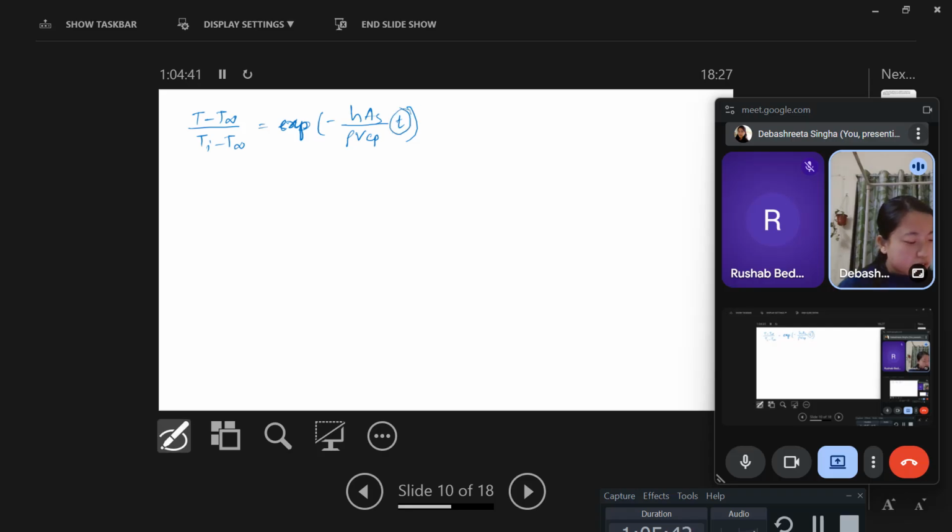So you need to find out what is this t, time duration. Everything else is given, so just calculate.